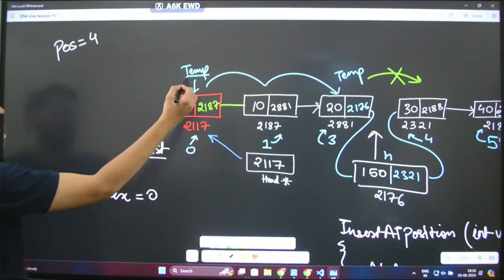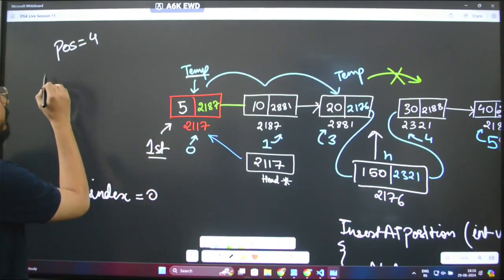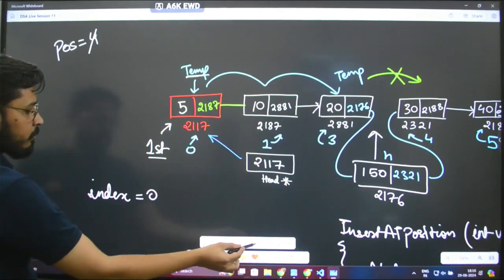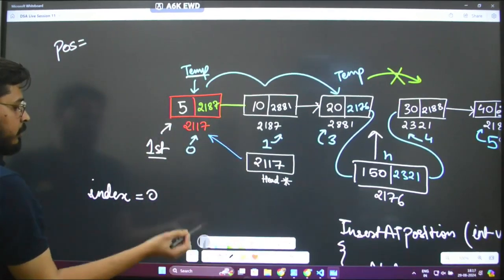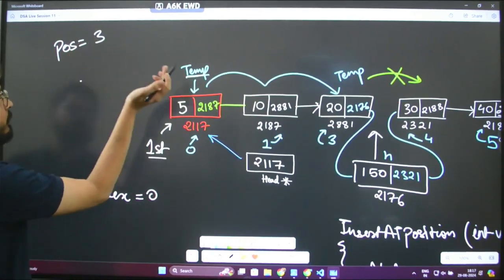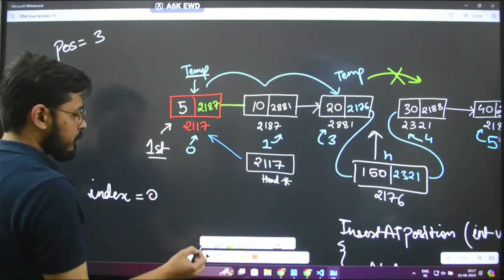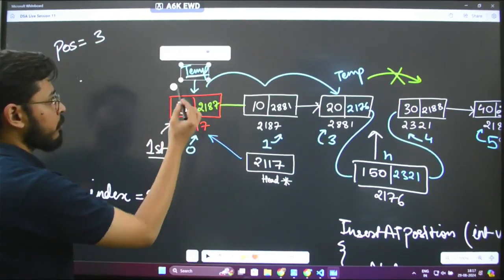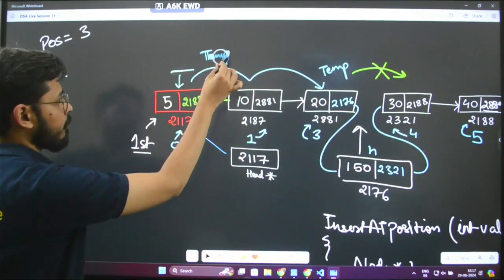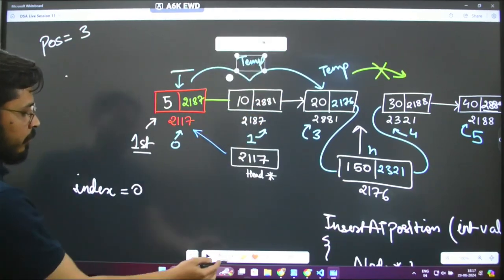So temp has already started from here, okay, and now you said decrement the position. Let us say this is 3. So I said first temp moves to the next position, that means this temp reached here, and once temp reached here, what did you do?